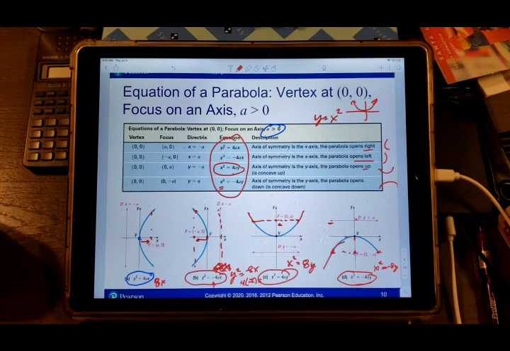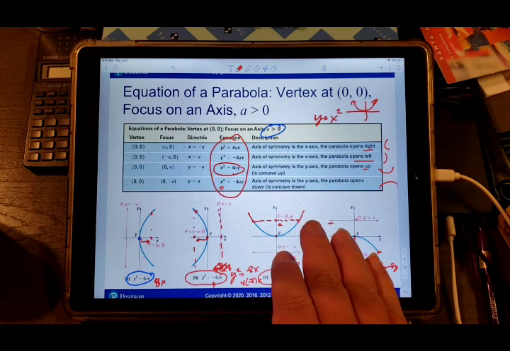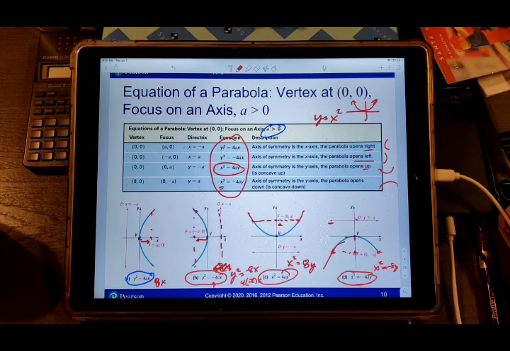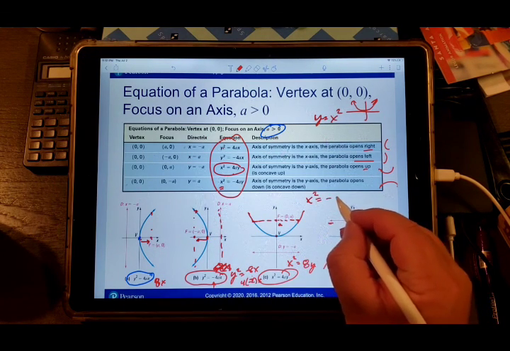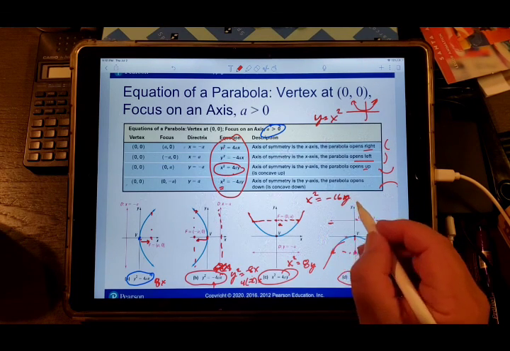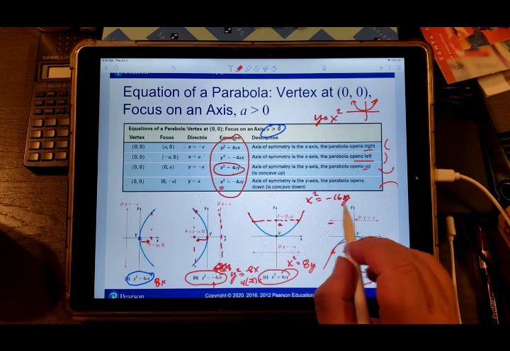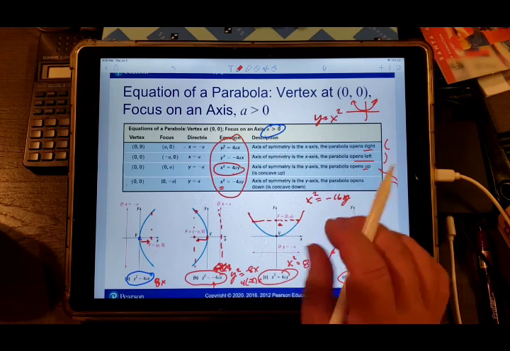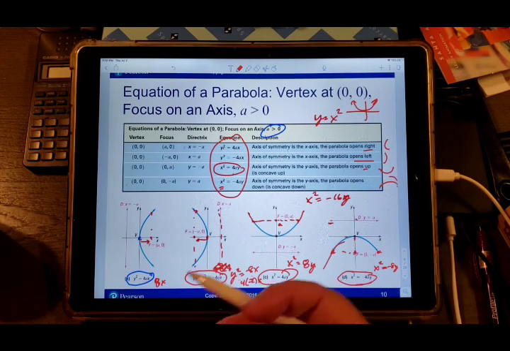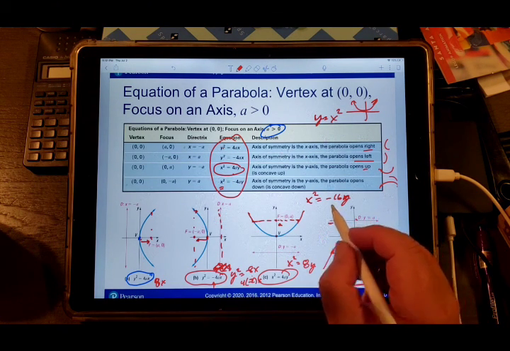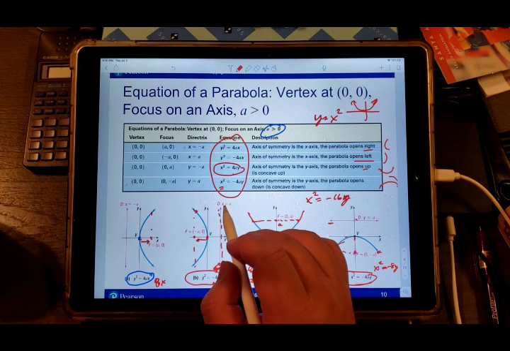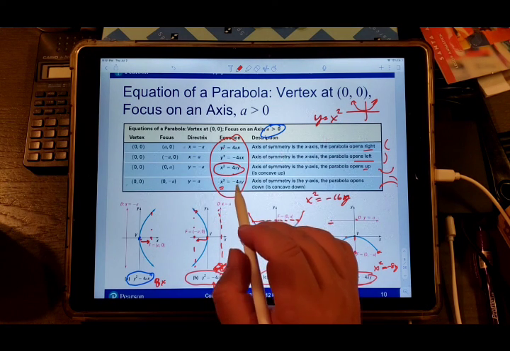If you get this, it's kind of nice. I mean, it's kind of fun to do problems like this. It's like if you're instantly given an equation, x squared equals -16y, rather, I instantly know what this graph looks like: how it's oriented, how wide it is, where the focus is, all of the stuff relevant to graphing something like this.